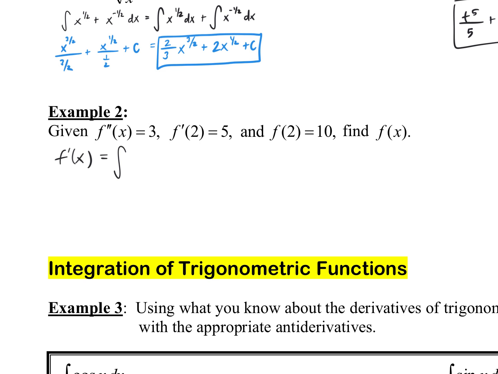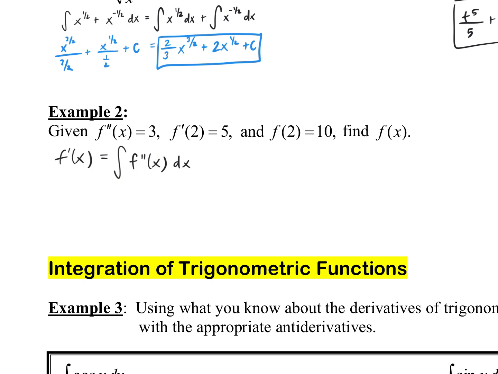Those are inverses of each other. If I took the integral of the second derivative, I end up with the first derivative. If I take the integral of the first derivative, I end up with just the function f of x.